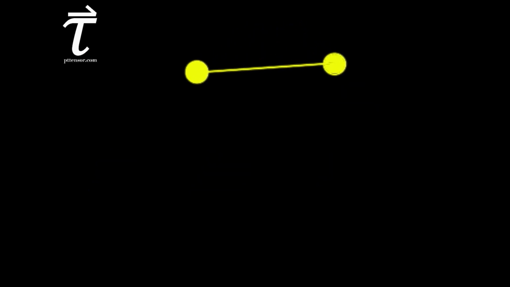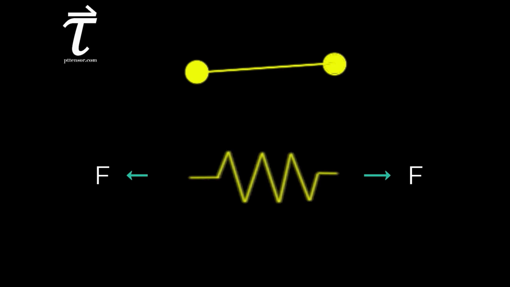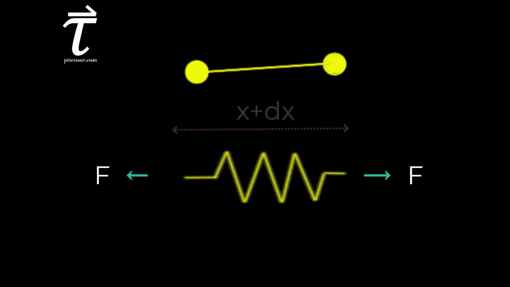We can make an analogy for this by using a spring. Let's say we have a spring, then we pull it with a force, let's say F, then this spring will be deformed from the initial position X to X plus dx.